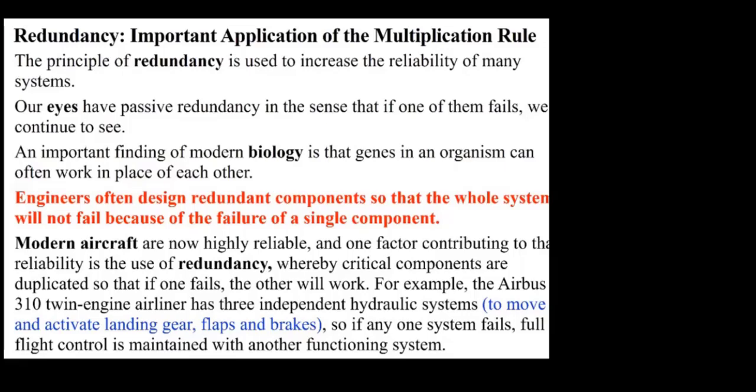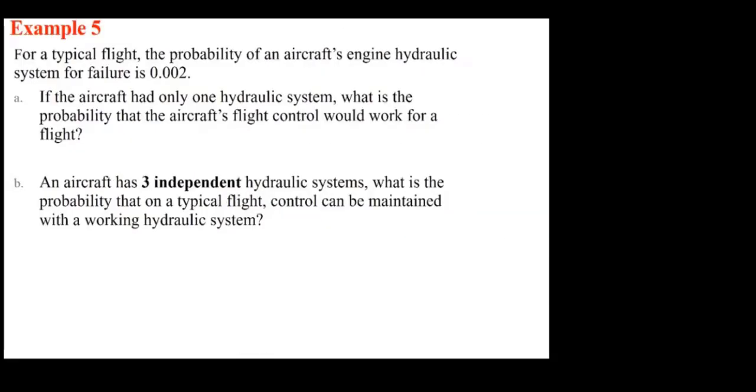For example, the Airbus 310 twin-engine airliner has 3 independent hydraulic systems to move and activate landing gear, flaps, and brakes. So if any one system fails, full flight control is maintained with another functioning system. For a typical flight, the probability of an aircraft's hydraulic system failure is 0.002%.